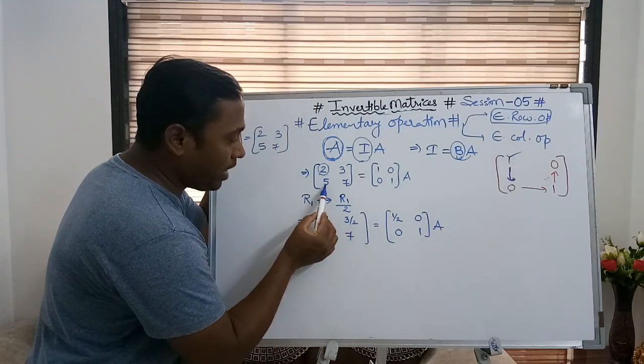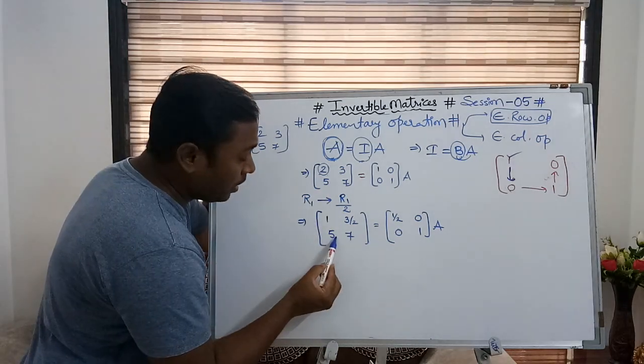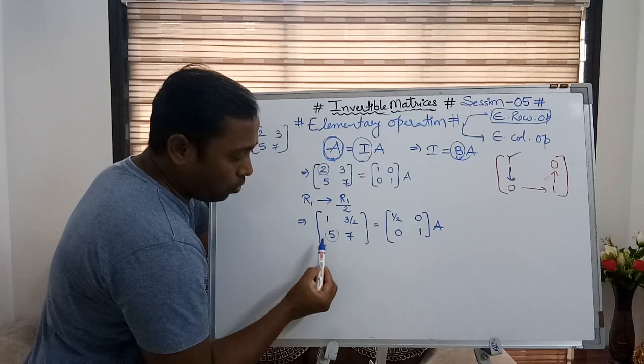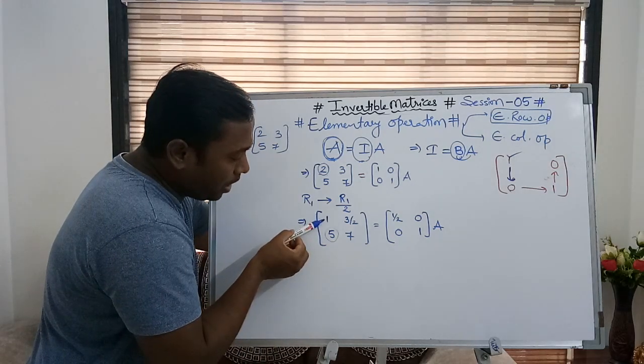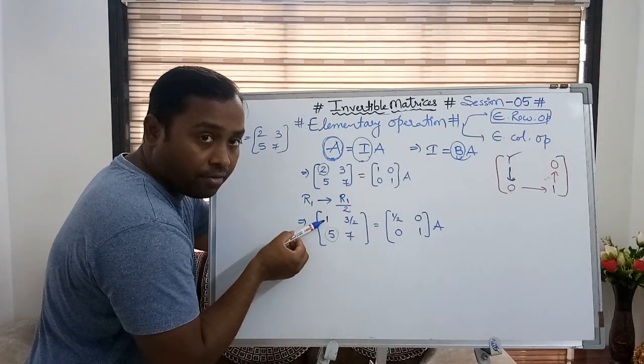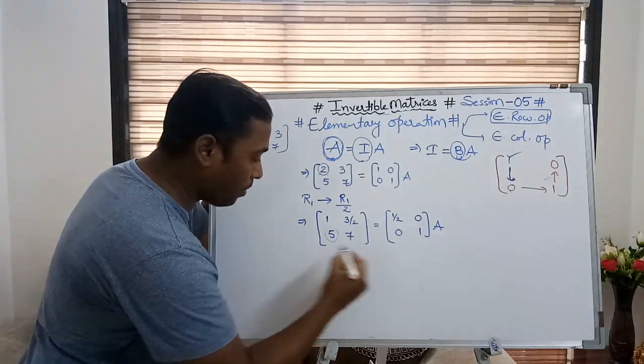Now how can I make 0 here? You are looking here, not here, now here. I want 0 here. How can I make this 0? Simply by multiplying the first row by 5 and subtracting that value from R2. So I am writing the operation.